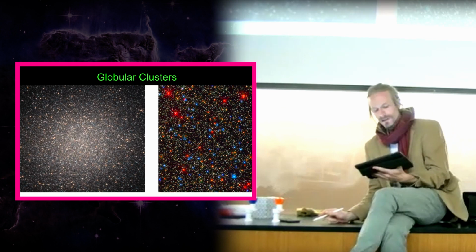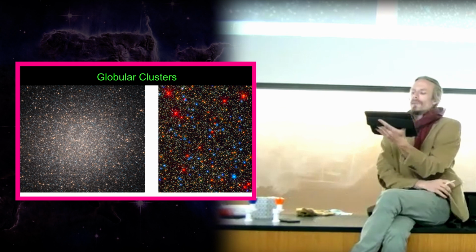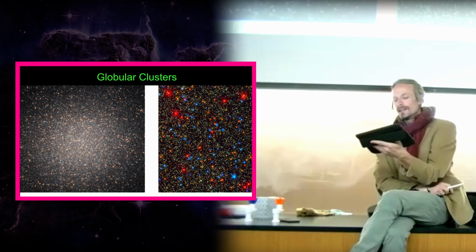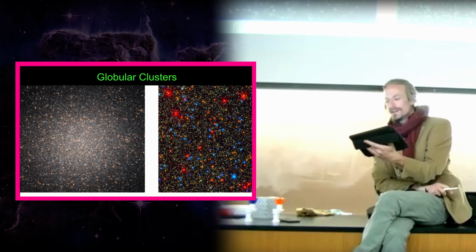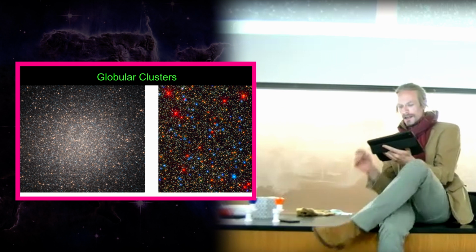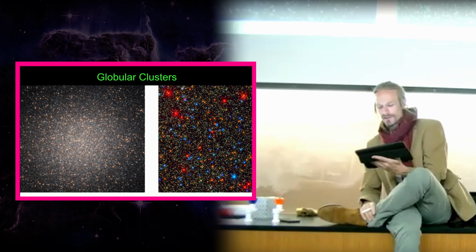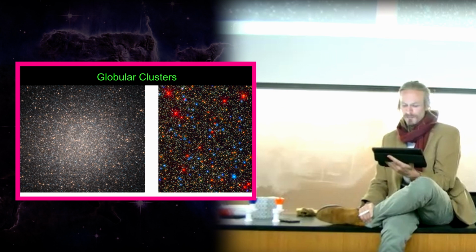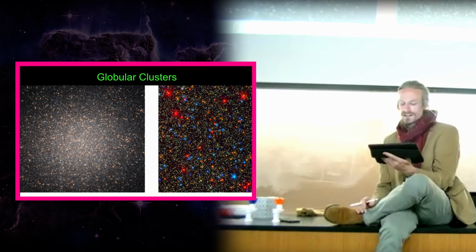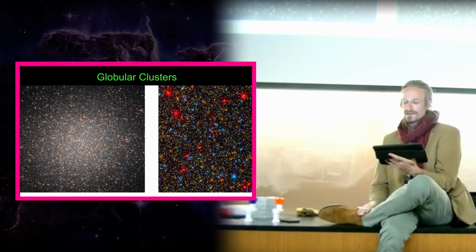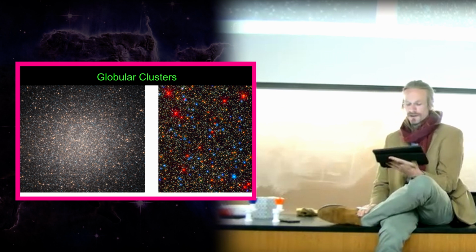So globular clusters are given this name largely because they're symmetrical. They contain hundreds of thousands of stars. Over here, we're looking at a globular cluster in our own galaxy, Omega Centauri. It's about 16,000 light years away. You see the brightest stars there are these red giants that have already cooked off their hydrogen in the main sequence, in their cores, and they're turning kind of red-orange.